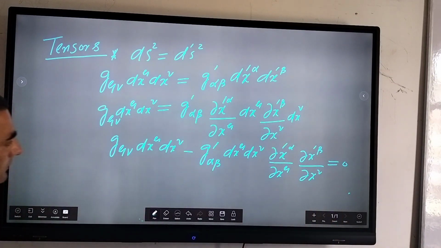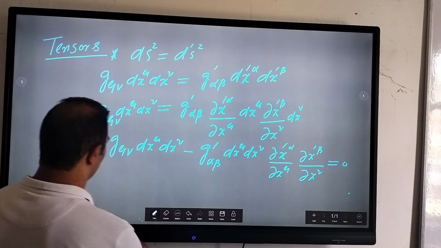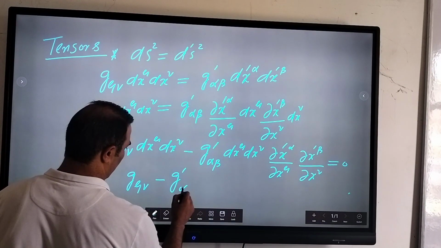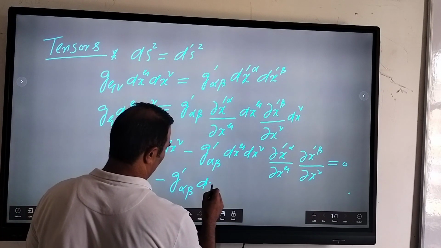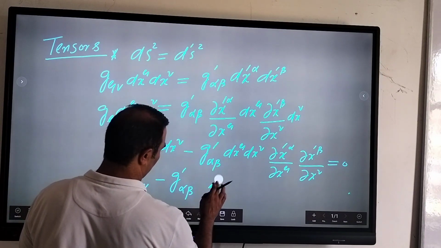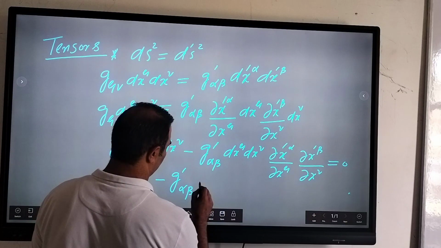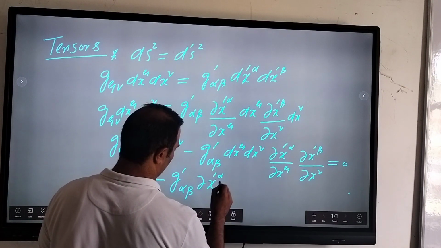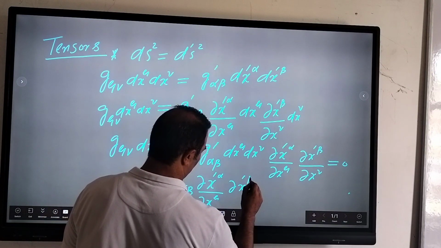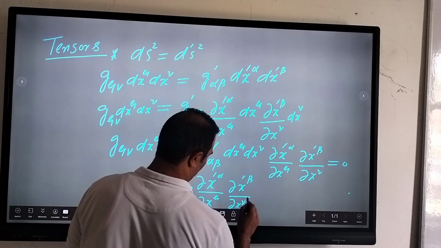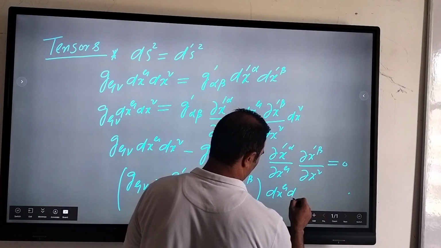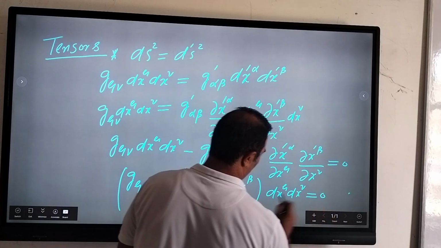So this will be equal to... or you can take this term out. So this will be equal to what I wrote here, that's equal to 0.